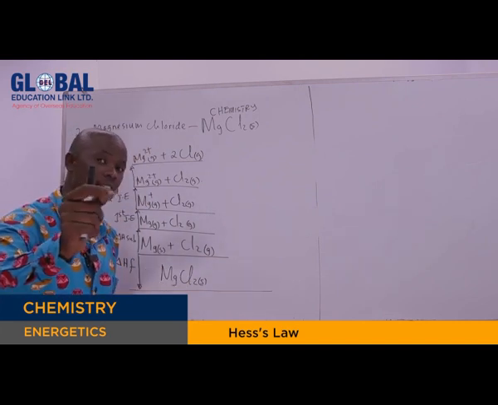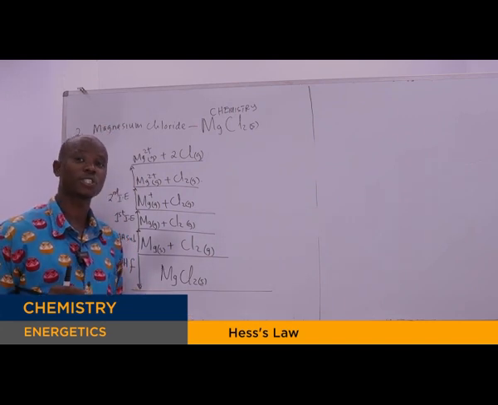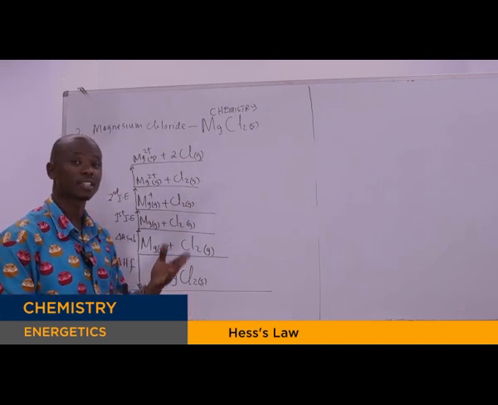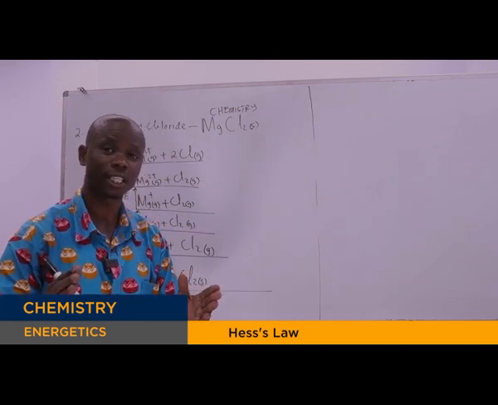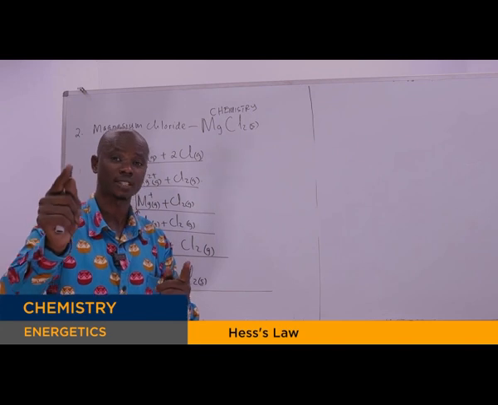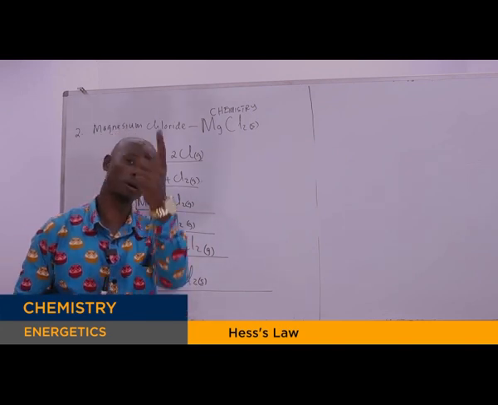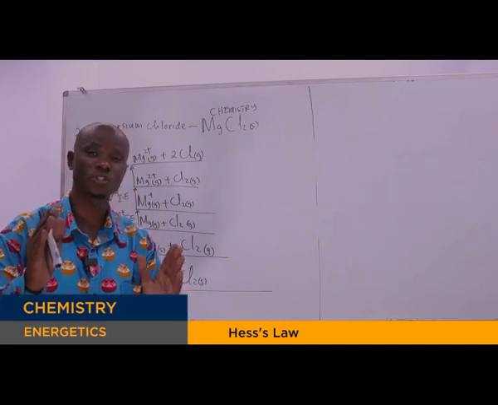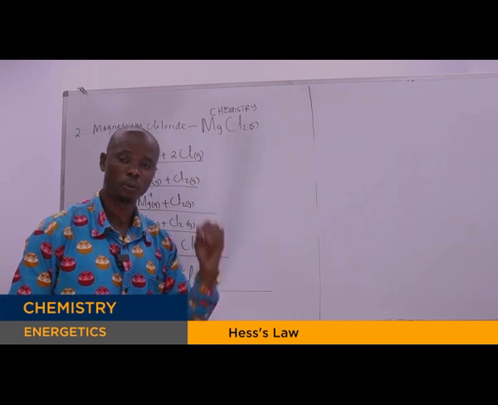Now, my dear student, there is a challenge to some of the students because they fail to differentiate. Is it atomization or dissociation? Remember, in atomization, when you study it in class, 1 mole of gaseous atoms is formed from a molecule. But in dissociation, 2 moles of gaseous atoms are formed from a molecule.